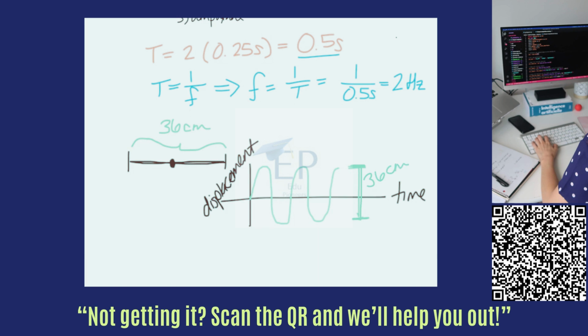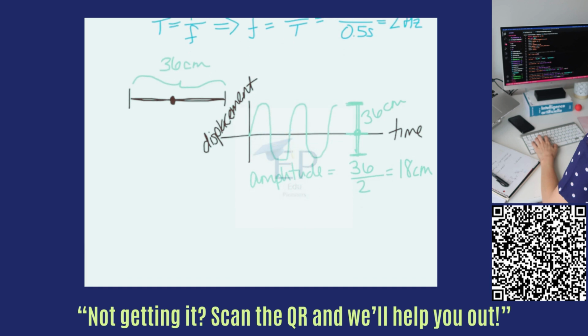And we know for a fact that the distance between the two extremes, the furthest point to the right and the furthest point to the left, is 36 centimeters, then we are able to determine that, okay, well, if this is the halfway point here and the total is 36, then our amplitude, or the total displacement from equilibrium, equals 36 divided by 2, or 18 centimeters.